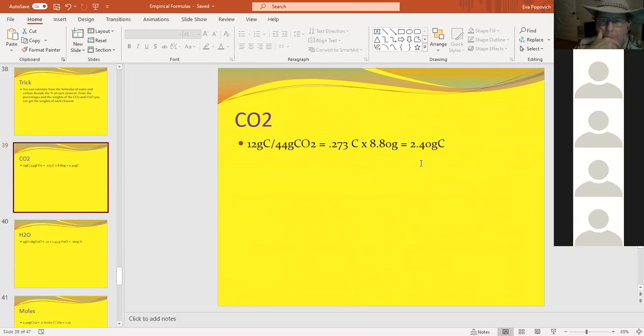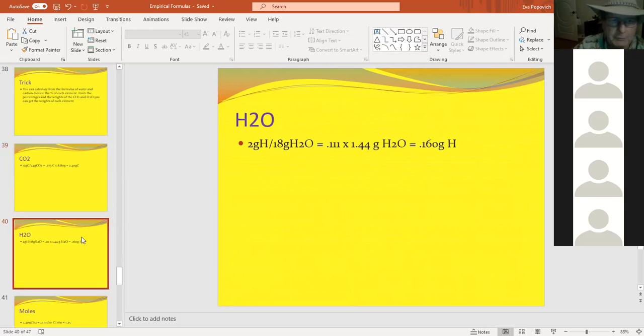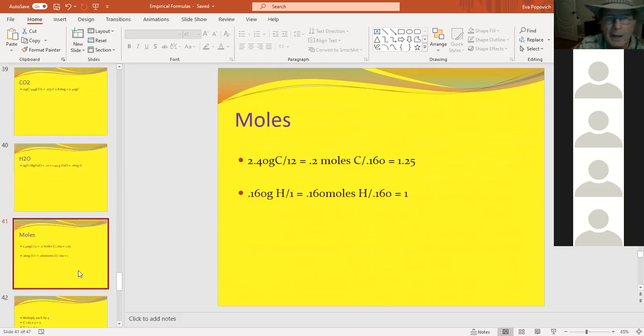Once you find the weights, what's the second step tell you to do? You divide by the smallest one? Nope, you can't divide by that because you're dividing by grams. But what do you have to turn the grams into? Turn it into moles. If I do that, that gives me 0.2 moles for carbon, 0.160 moles for hydrogen. So I divide by the smallest one, which is the hydrogen.